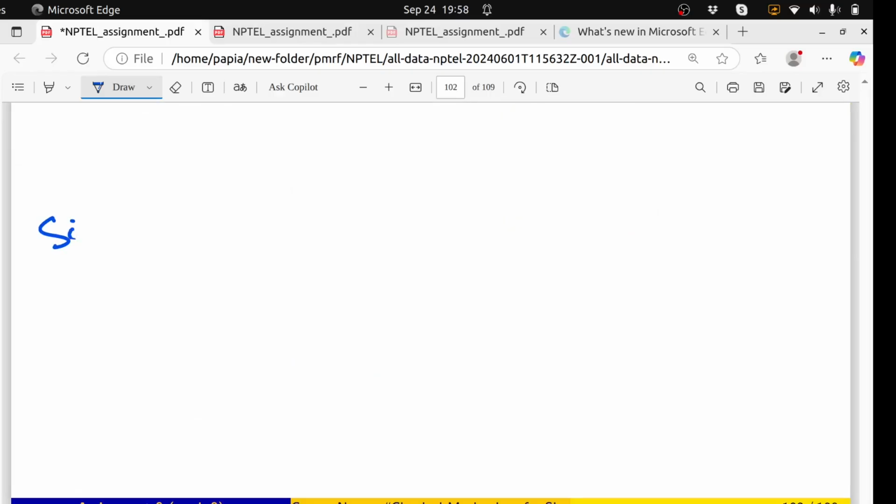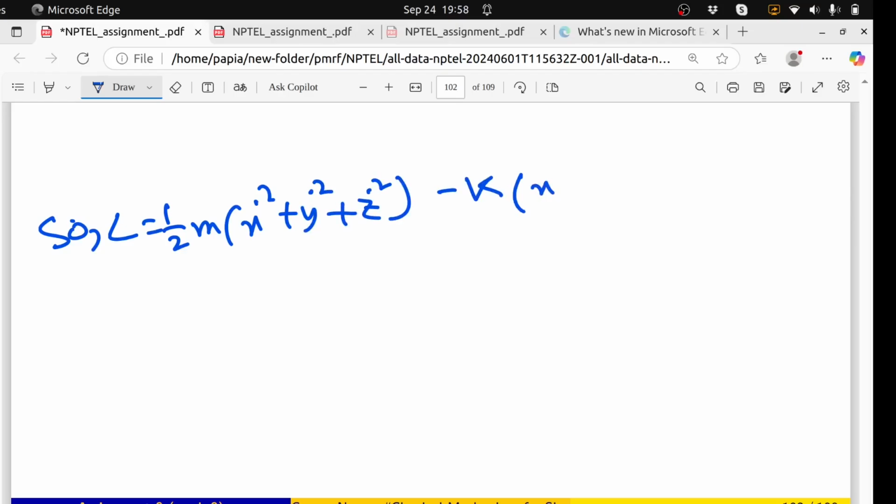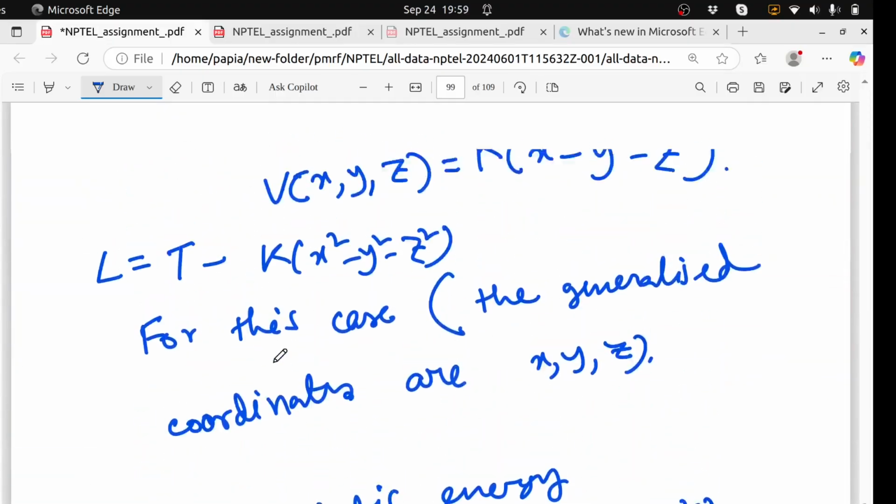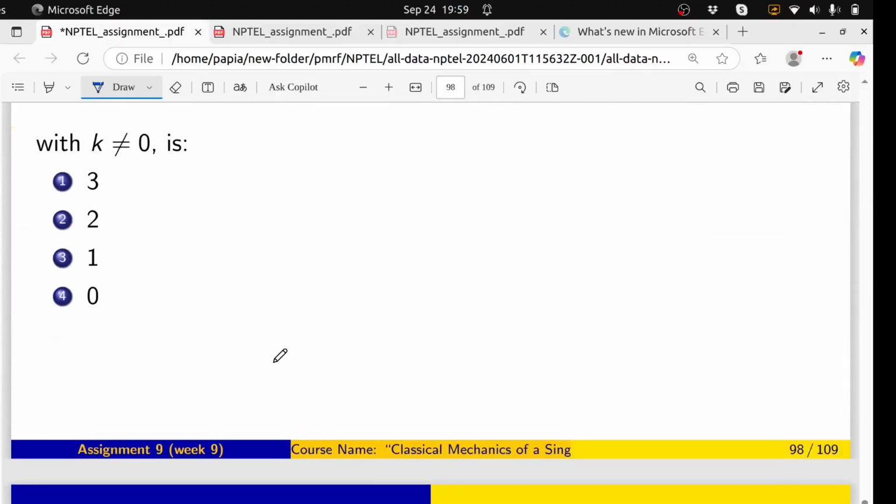So if L equals half m (x dot square plus y dot square plus z dot square) minus k(x square minus y square minus z square), the number of cyclic coordinates is 0. So you can see that the option is C.